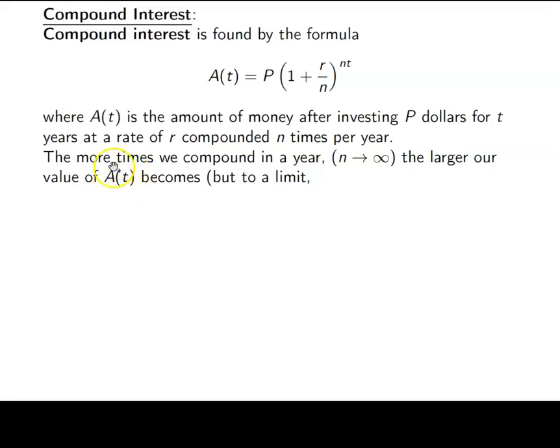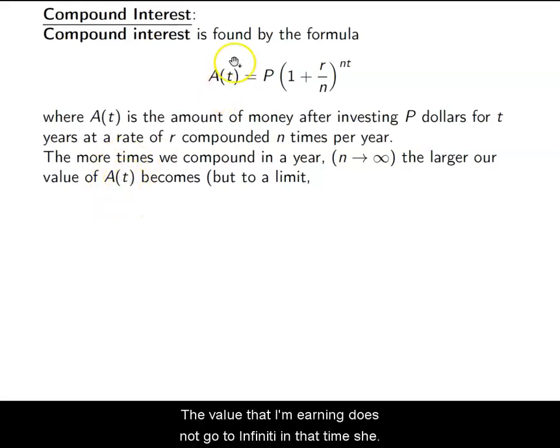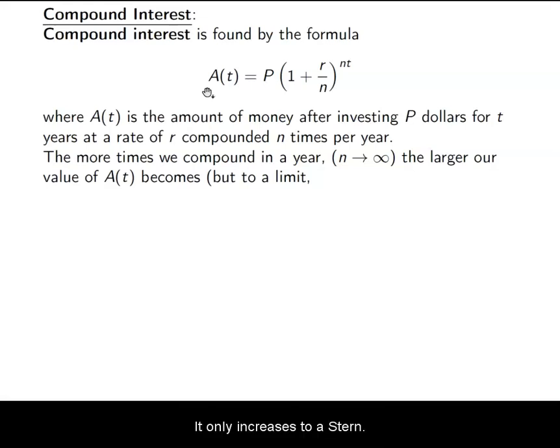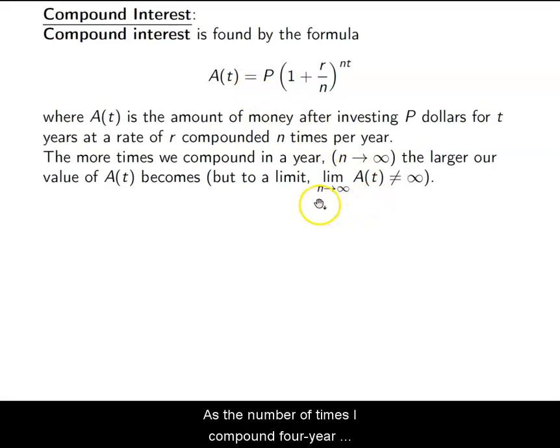But the value that I'm earning does not go to infinity in that time period, right? It only increases to a certain limit, right? So the limit of my value of investment as the number of times I compound per year increases does not reach infinity. It reaches a finite value.